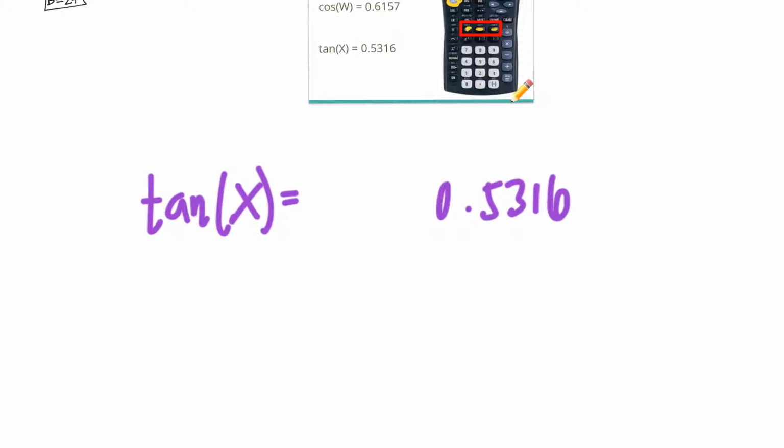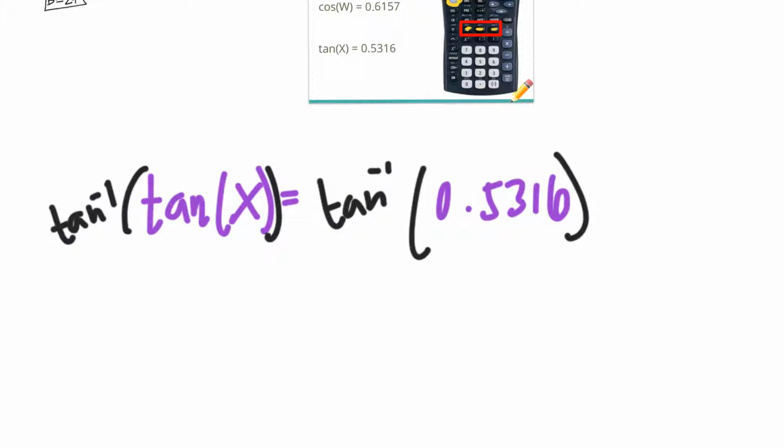Hopefully you're doing this on the calculator by yourself. Last one, just to show us how to do this one. Tangent of x equals 0.5316. Again, to get rid of this tangent, you do inverse tangent on both sides.